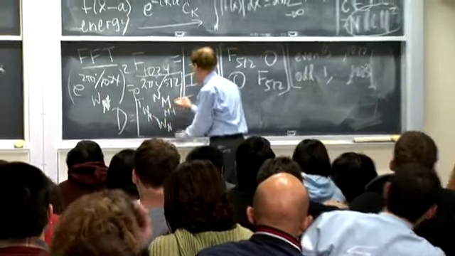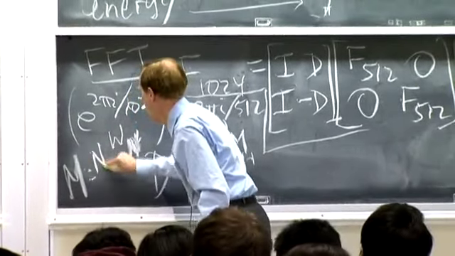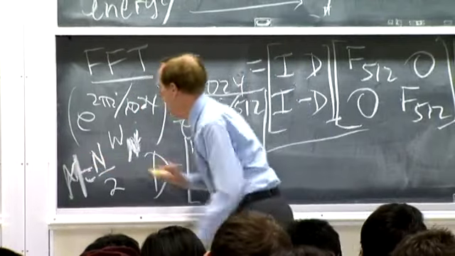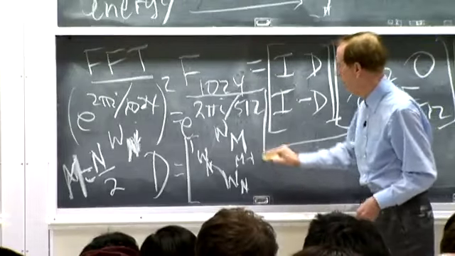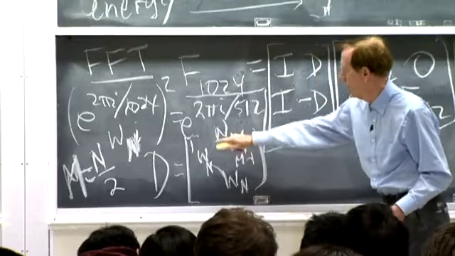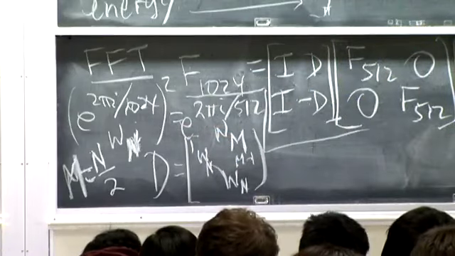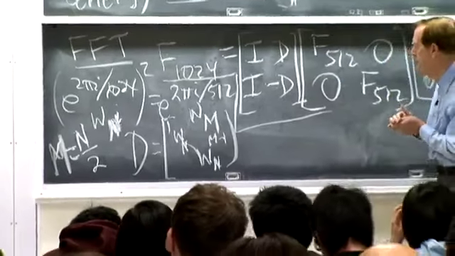M is half of n. Everybody's got that idea. M is half of n here. I'll get that written on the board. M is 512, n is 1024. Here we have the powers of this guy up to 511. The total size being 512, because that's a 512 by 512 matrix.